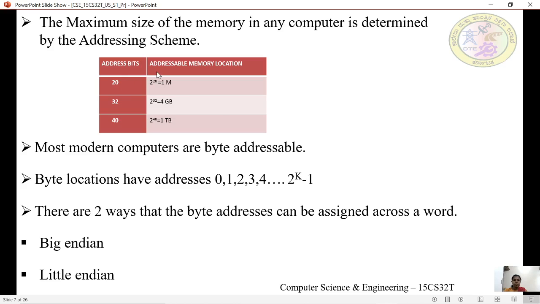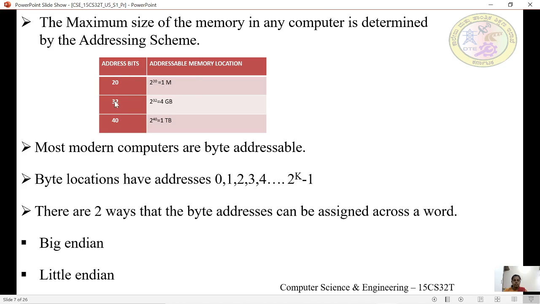Then it has a total of 1 megabyte of addressable memory locations. That is, if the address bits is 20, then 2 to the power 20 is equal to 1 megabyte. The overall size of the memory will be 1 megabyte.